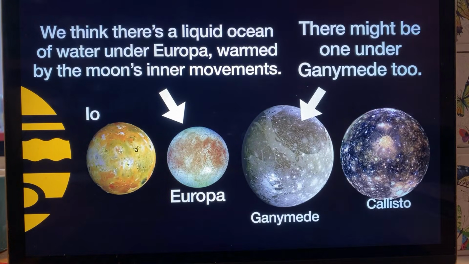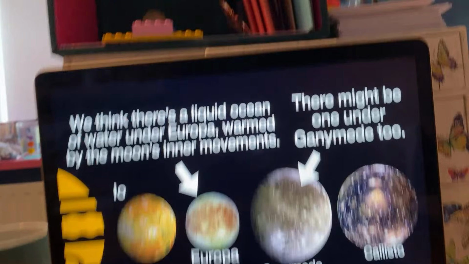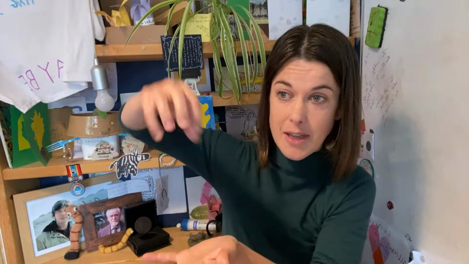And there might be an ocean under Ganymede as well, which is very exciting because you need water for life, as far as we know, but you don't need oxygen for life. There are some things really deep down in our ocean that don't need oxygen to survive. So there could be, not probably twenty-armed aliens, but teeny tiny microscopic things living in the oceans of Europa and Ganymede.